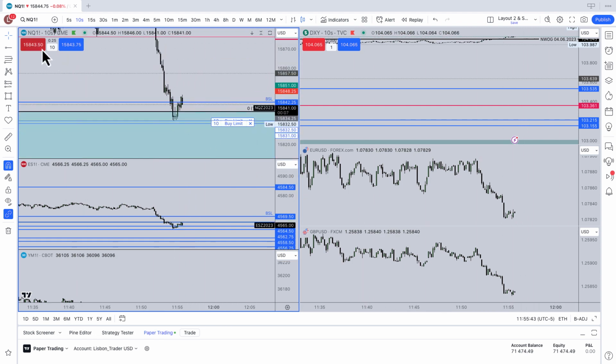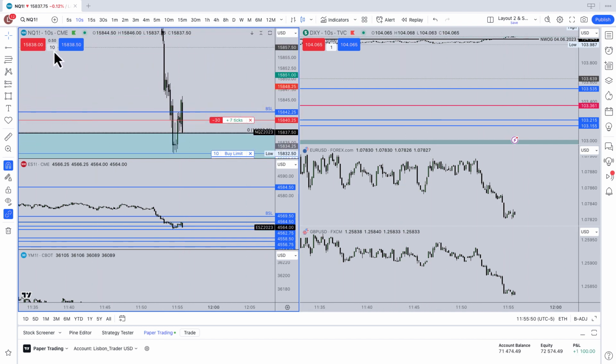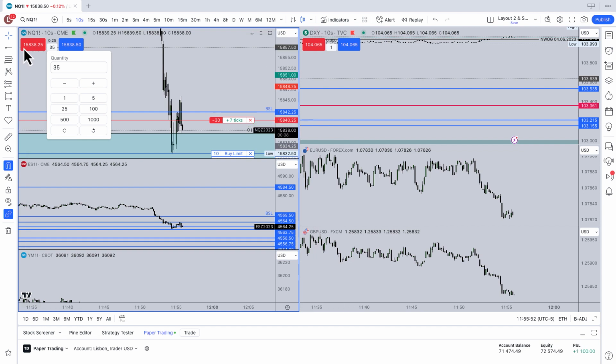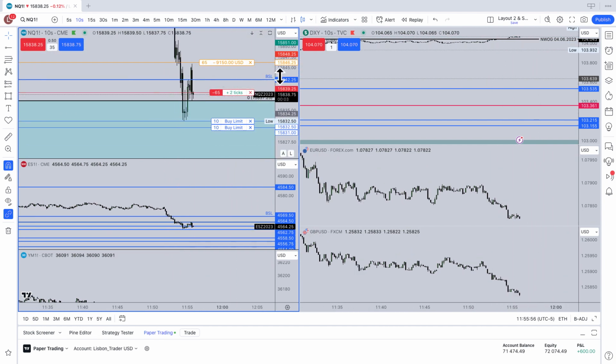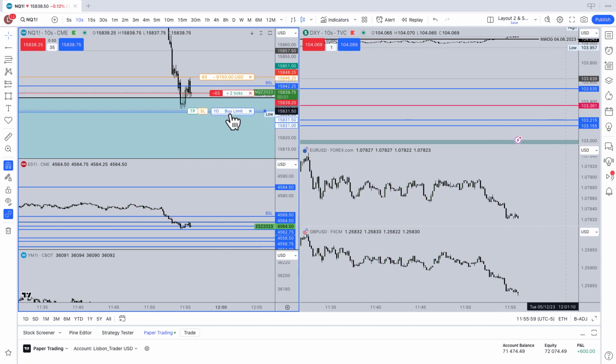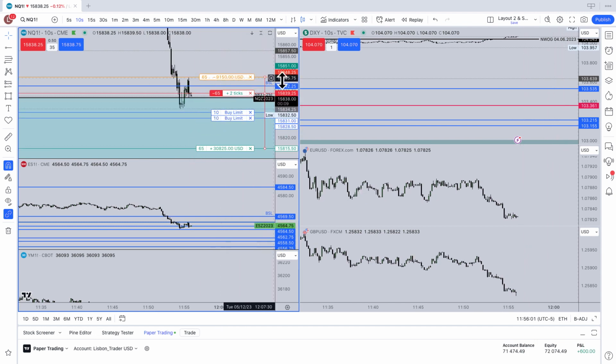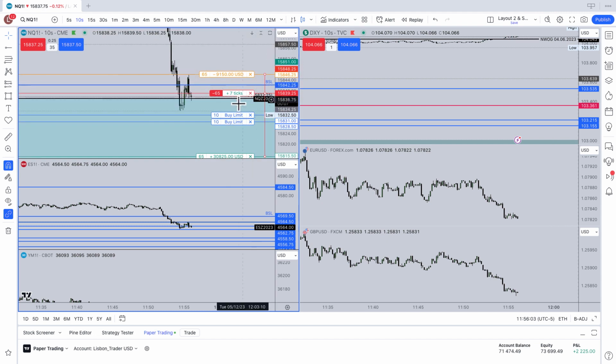Okay, it did it before. So 72k, and then there's 10,000 risk. These stops will be taken.